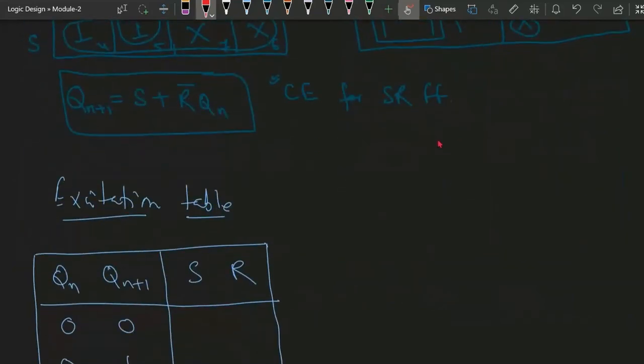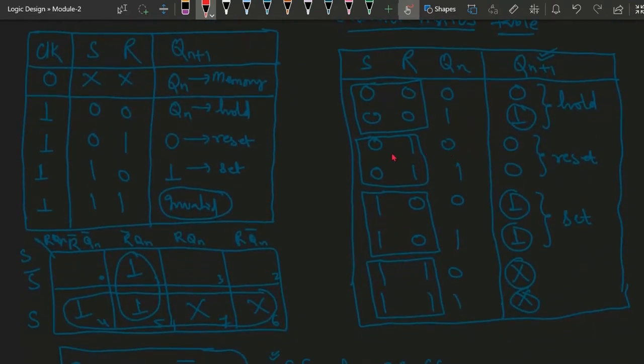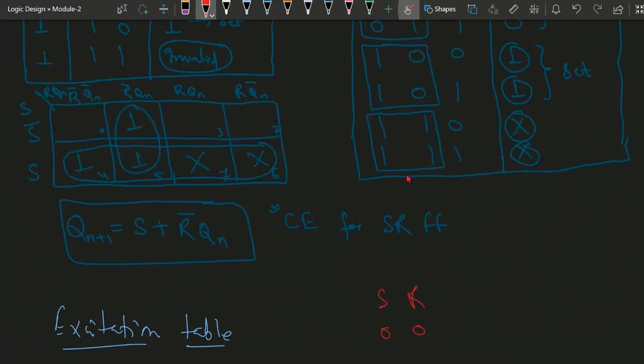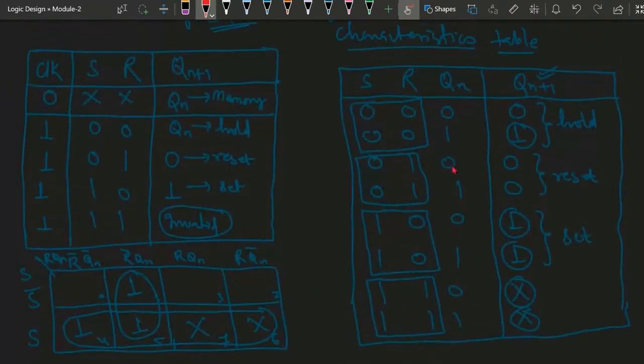So the first case is where S and R are 0 0, and then the current state will stay at 0 itself. Next is again here, S is 0 and R is 1. If S is 0 and R is 1, then also the same case will be there. Qn is equal to 0 and Qn plus 1 is 0.